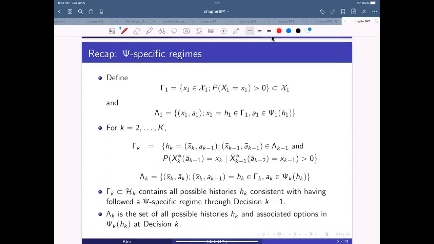But anyway, we introduced the two concepts, the sets gamma and lambda. Gamma is the feasible set of histories, and lambda is the set of histories and the elements in the feasible set.